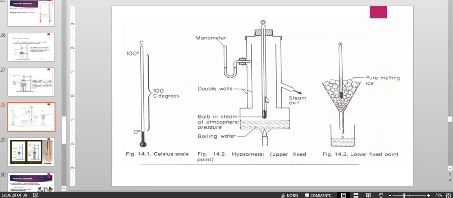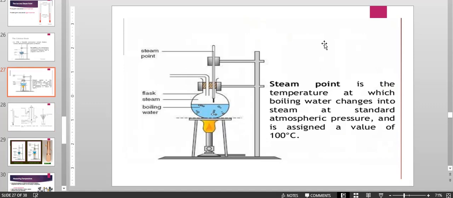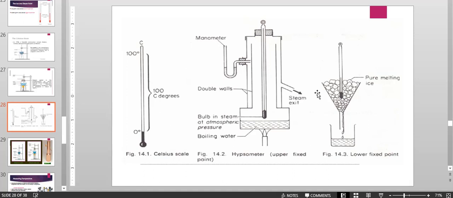And in order to find out the temperature at which the water is converting into steam, he places a thermometer inside this chamber. And on the other side, he places the manometer, which is basically used to measure the difference in the gas pressures. So we can use both apparatus, this hypsometer and this apparatus, in order to find the steam point of water.